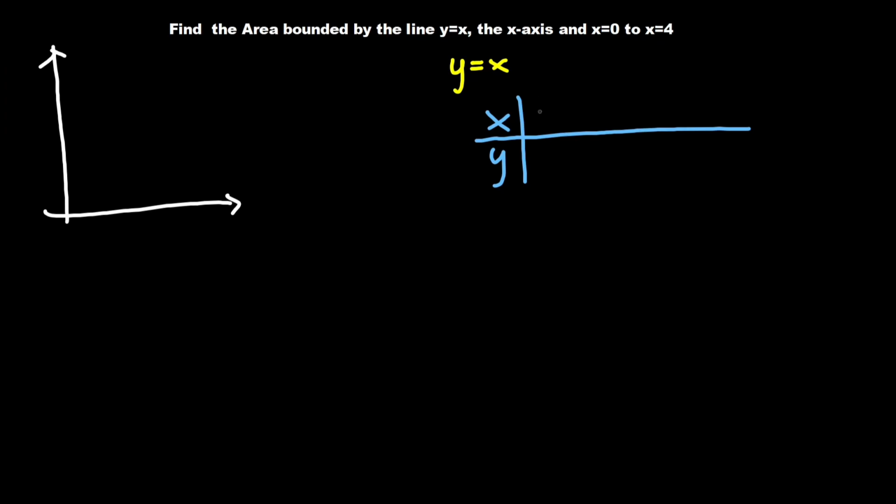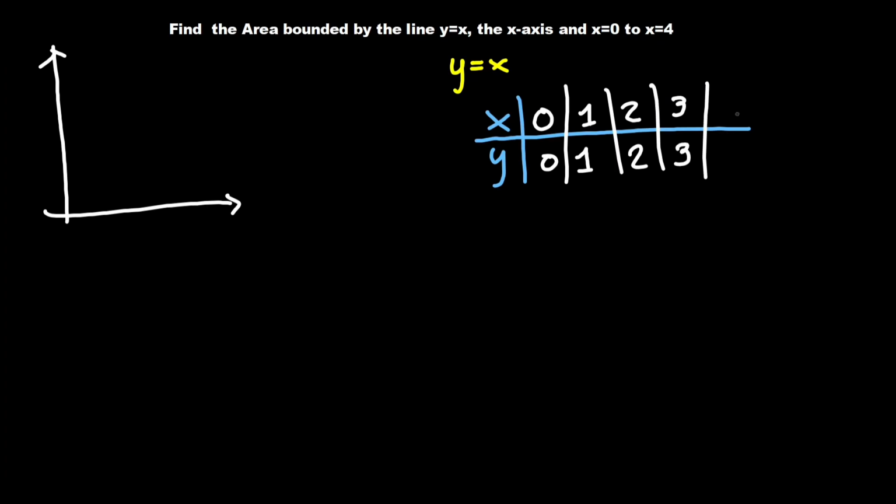So let's say if x here is equal to 0, y here would be also equal to 0. If x is 1, y also would be 1. And let's go on until x here would be equal to 4. So if x is 2, y also here would be 2, and so on. So these are the points to which we can plot the graph here. X would be 0, y 0, 1, 1, 2, 2, and so on.